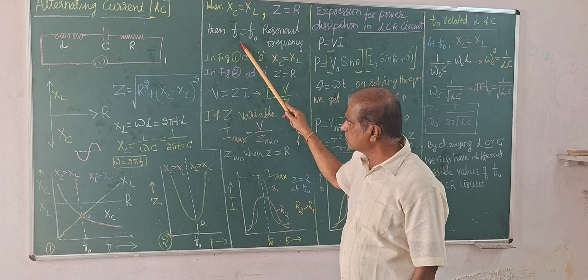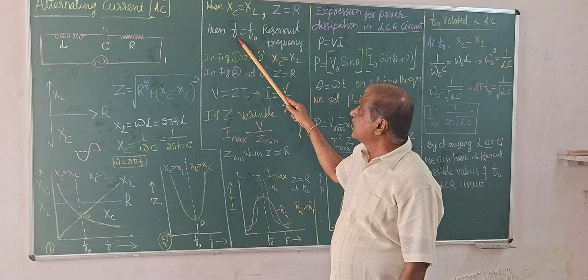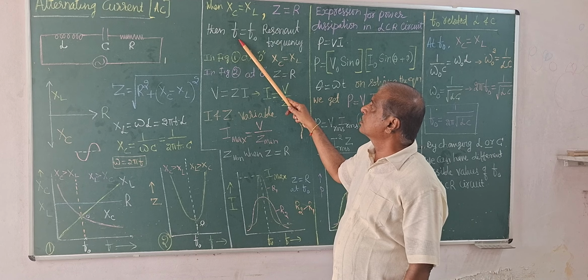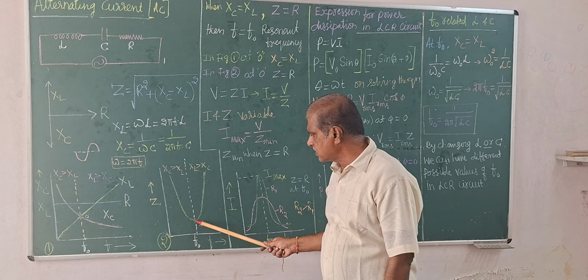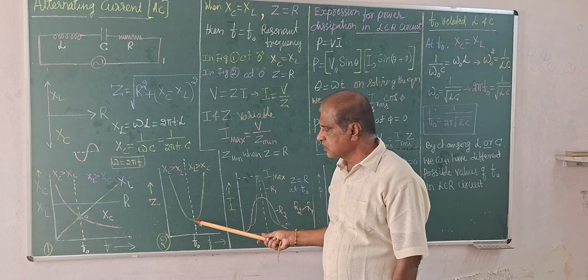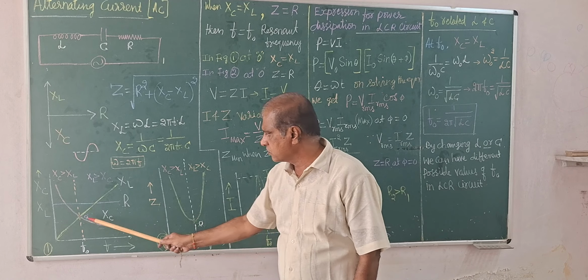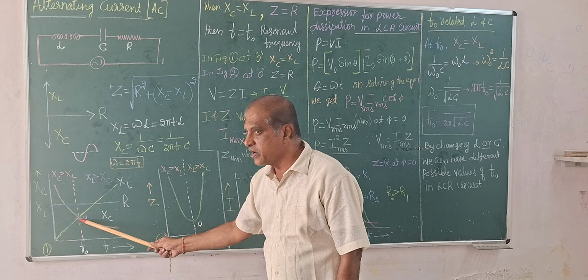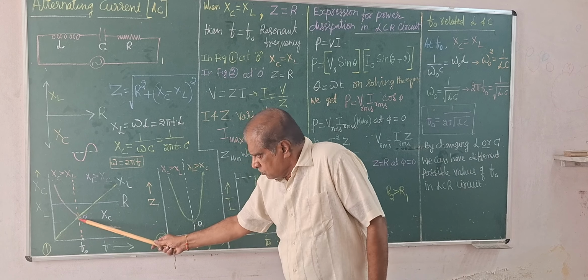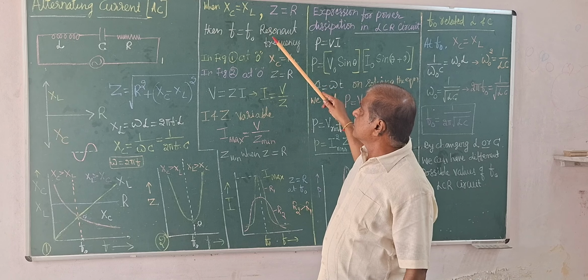At this condition, the frequency corresponds to that. That is, frequency corresponds to this point. This point is where the value of XC exactly equals the value of XL. That frequency is called the resonant frequency.